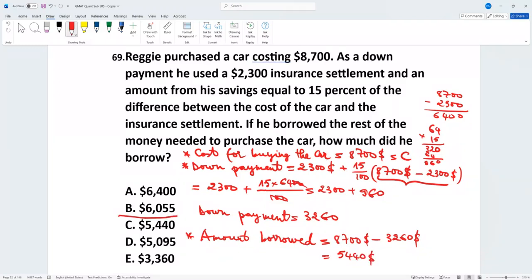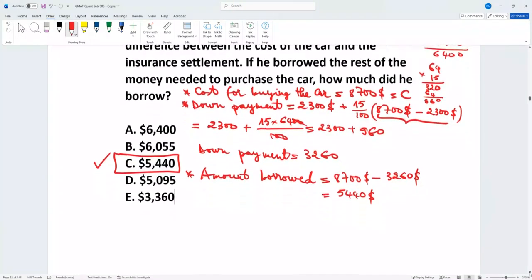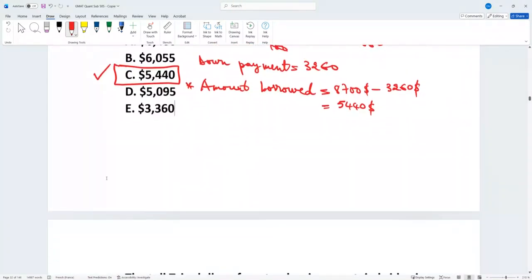And it's answer C. You get that? Okay, let's go to question number 70.